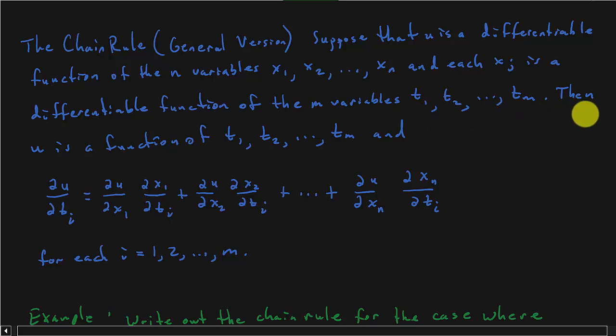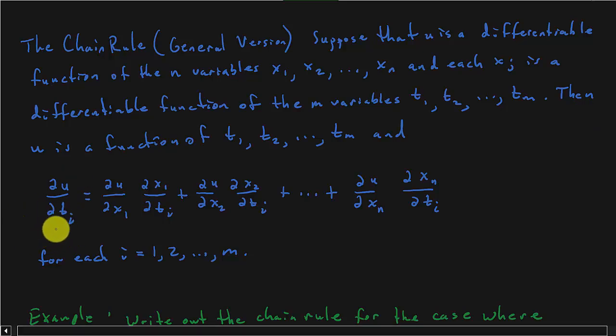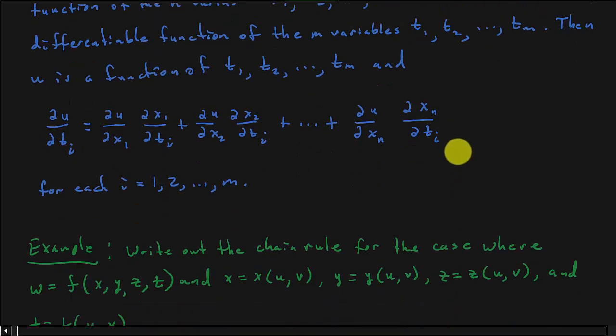Then u is a function of t1 to tm, and the partial of u with respect to t sub i is the partial of u with respect to x1 times the partial of x1 with respect to t sub i, and it just keeps going. And that's for each i equals 1 to m. It doesn't really matter how many variables we have.